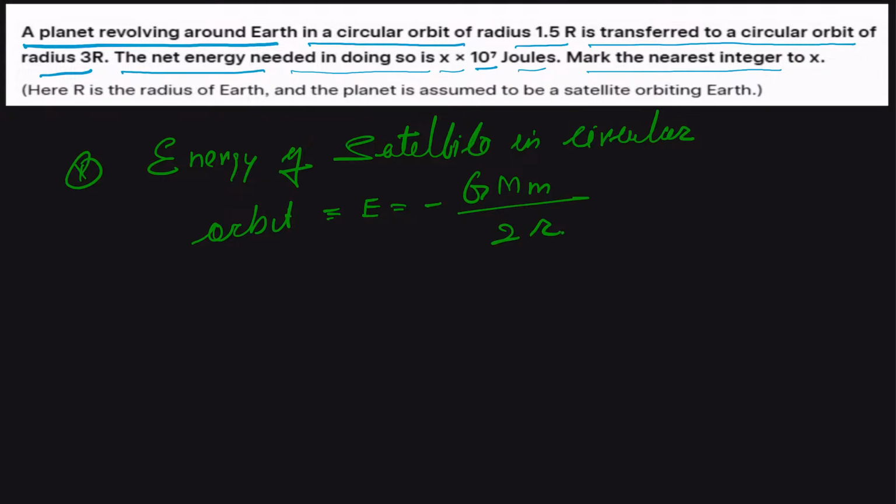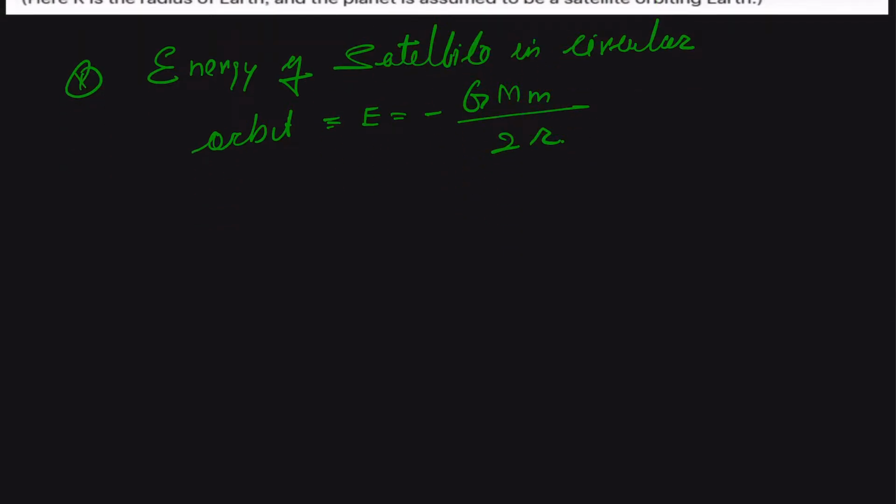Now let's find out, because we are moving it from a lower orbit, 1.5R, to a higher orbit, 3R. So we can divide this formula into two parts, E1 as well as E2.